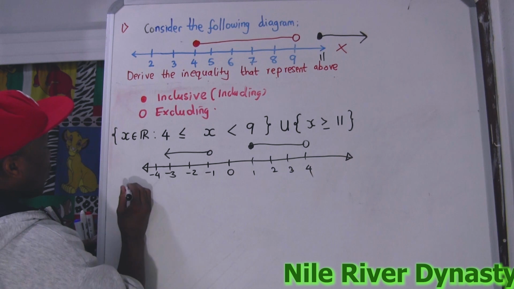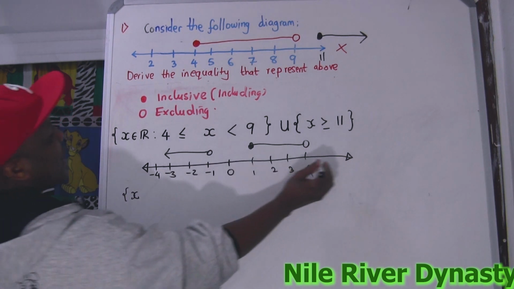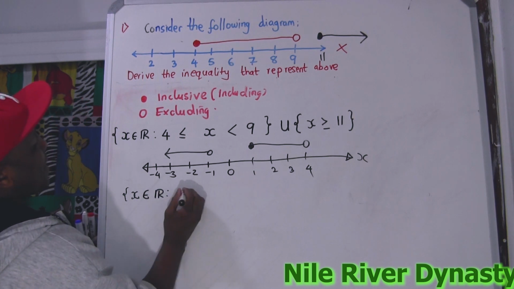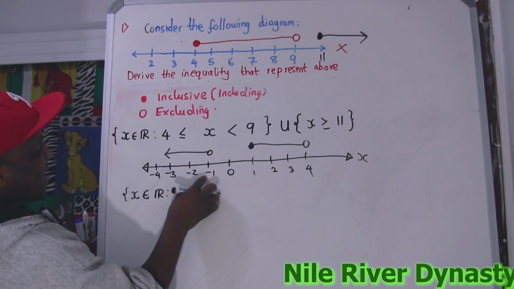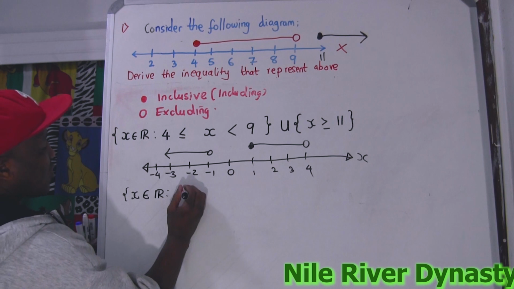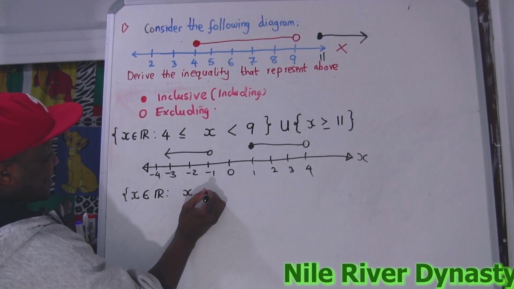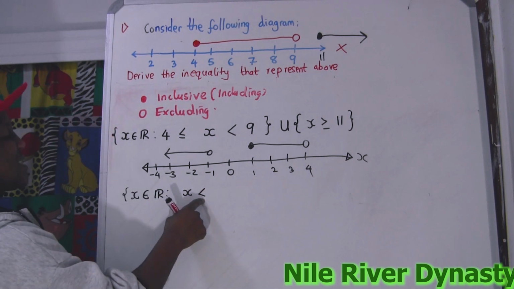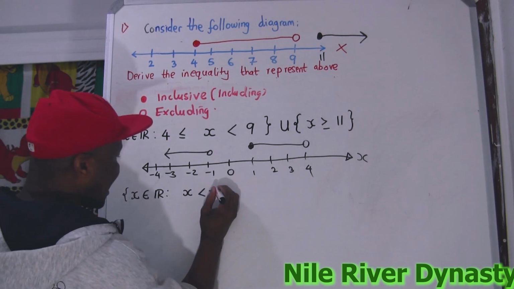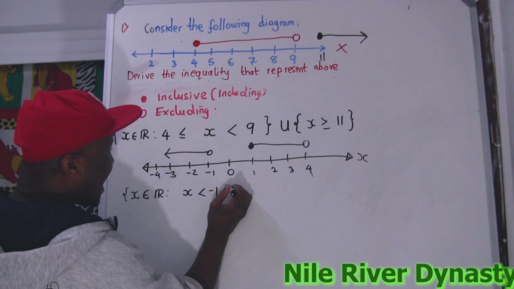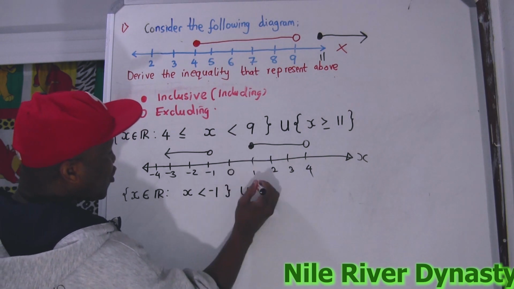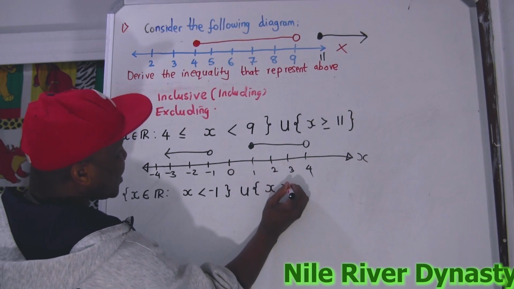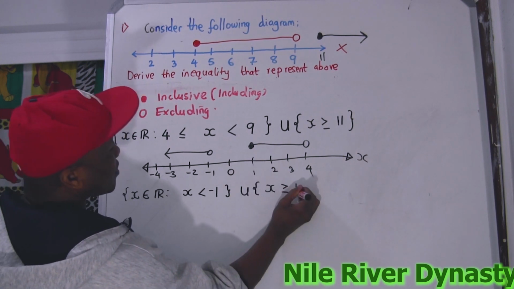So I'm going to say x, an element of the real numbers, whereby this x is less than -1, excluding -1. But it's going to unite with x greater than or equal to 1.